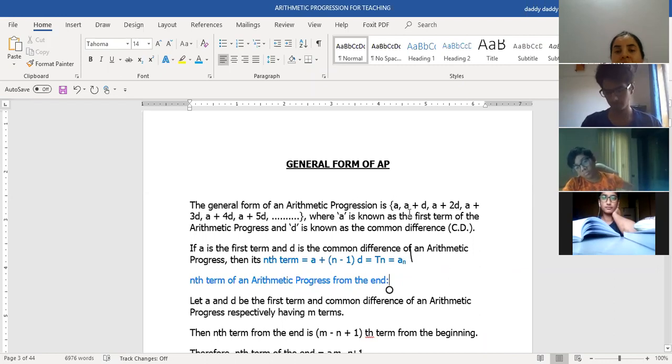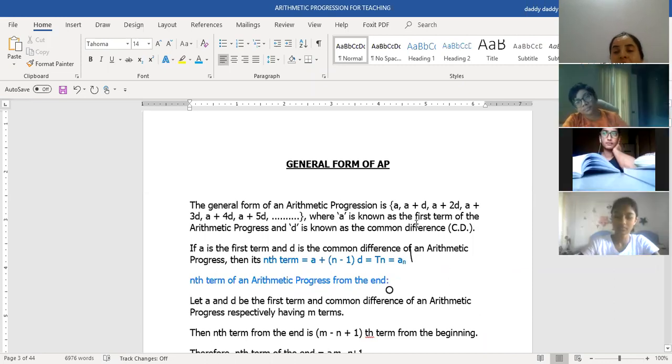Here in the first case, if I tell you that there is an AP which has 50 numbers, and I want to know the 15th term from the starting, they will specify. If they are just telling you the 15th term, it means automatically that they are asking for the 15th term from the starting. But if they want to find the value of a term from the end, they will mention that.